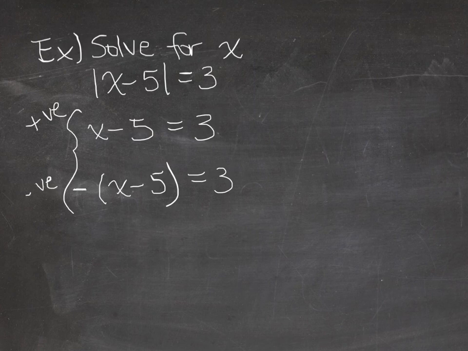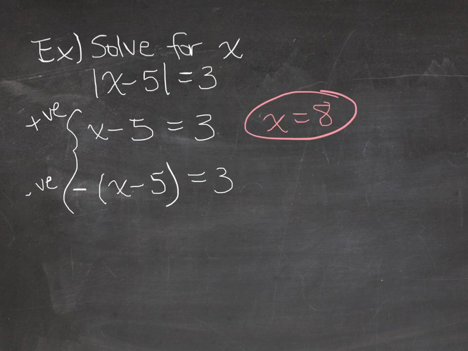So in my first equation, I have x minus 5 equals 3. So that's easy to see. If I add 5 to both sides, I end up getting x equals 8. And then in the negative one, I have to do a little bit extra. I have to divide through on the left by that negative sign.